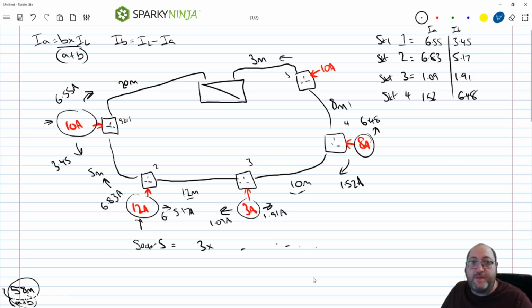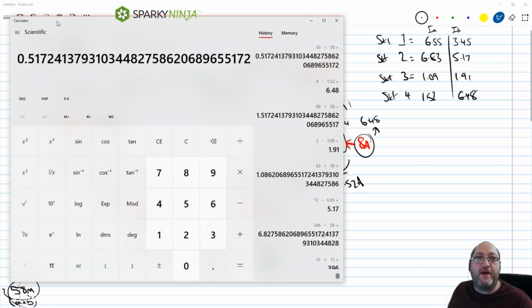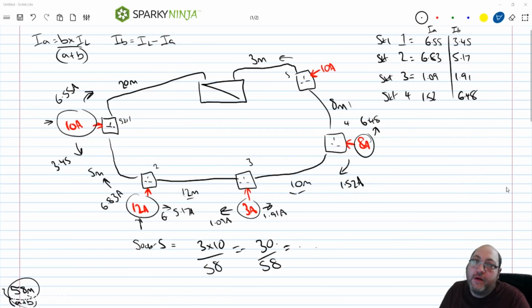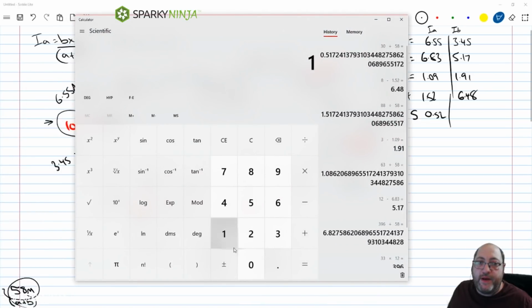So 3 times 10 over 58, which is 30 over 58, which is, well, of that 10 amp, only 0.52 amps of that are going this way. That's socket 5.